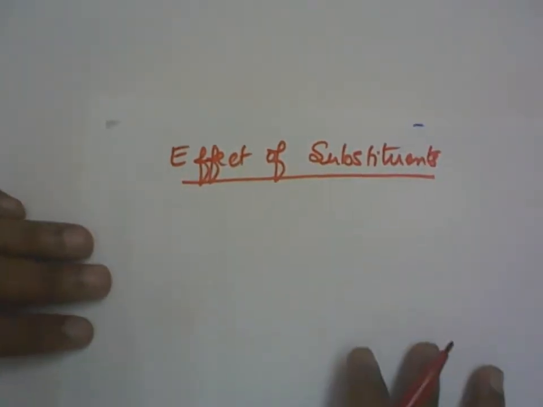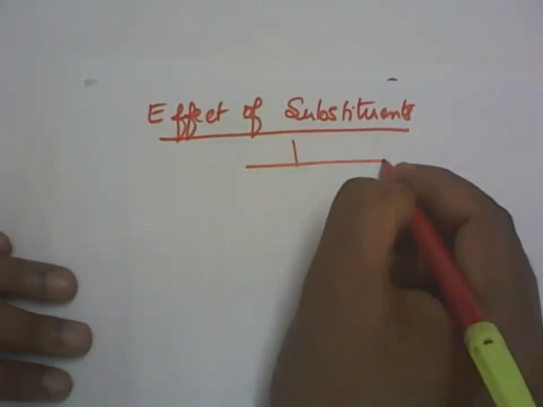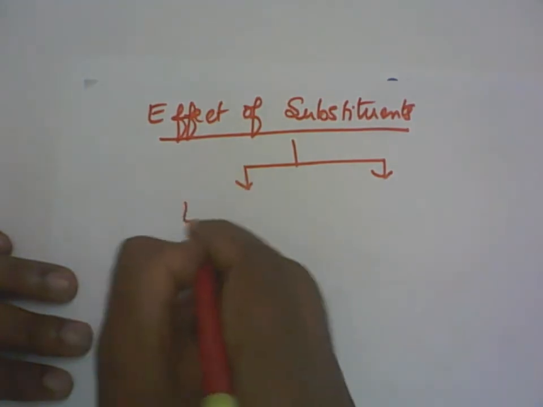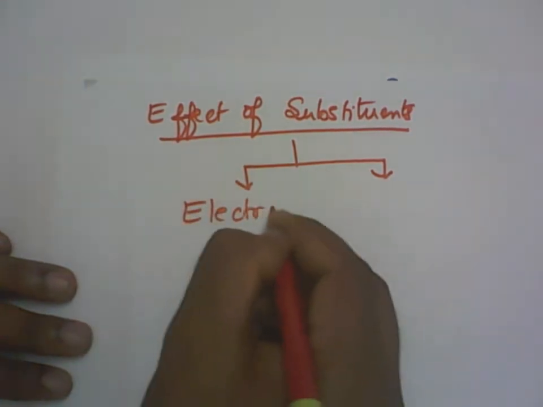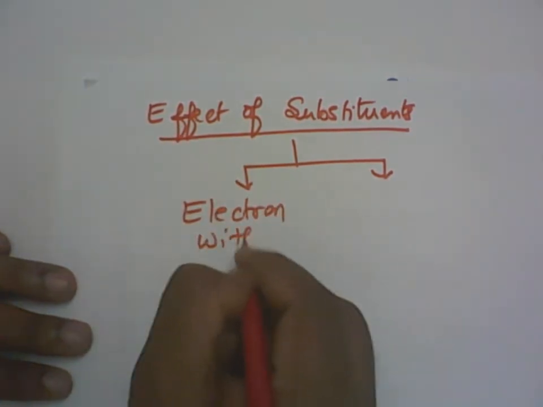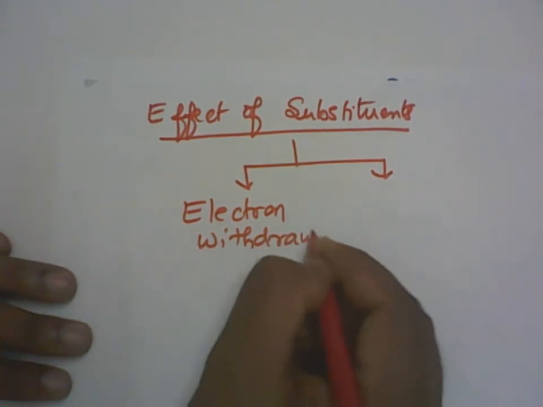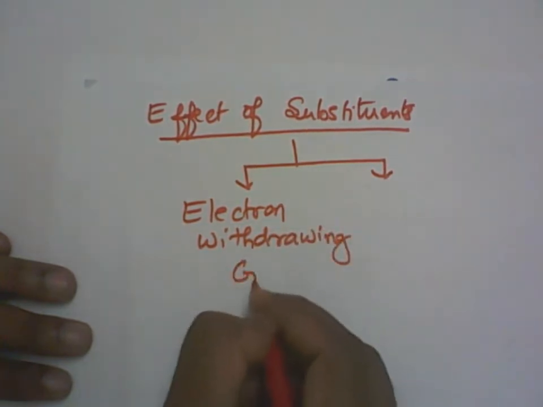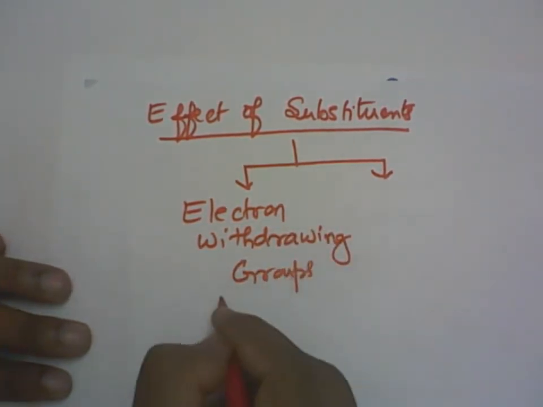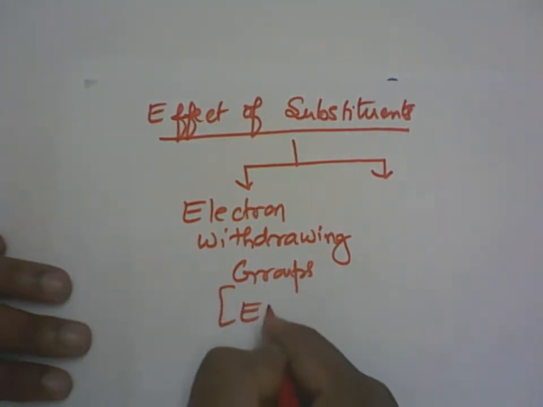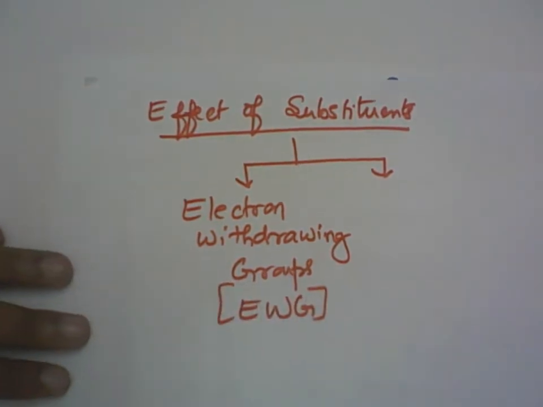There are two types of substituents. One is known as electron withdrawing groups, and we write it as EWG.